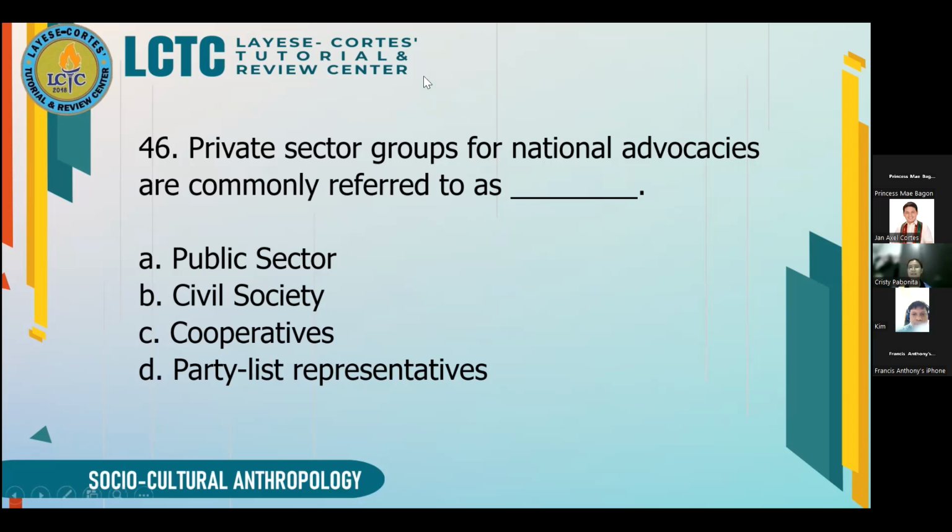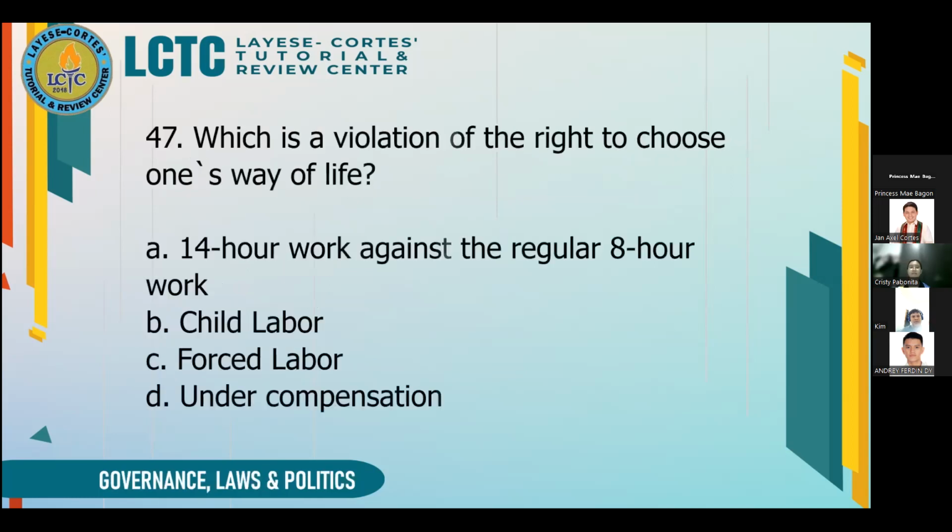Party list representatives are public servants. So these are civil society. Very good. Civil societies are composed of private sectors, businesses, and other private sector groups made for national advocacies.